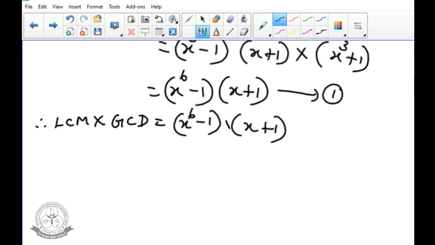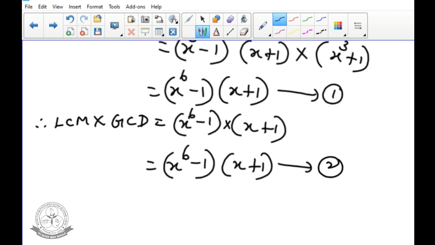So LCM into GCD means x to the power 6 minus 1 into x plus 1. Keep this as equation number 2.